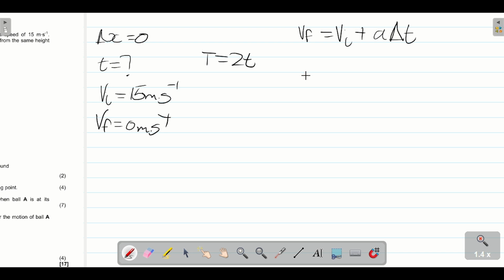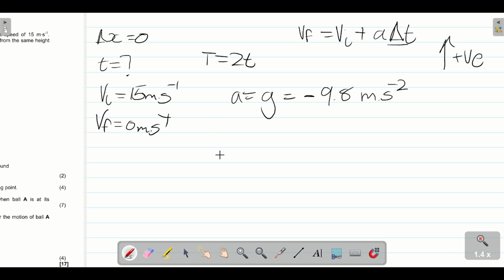We have final, we have initial, and we know acceleration is equal to gravitational acceleration. Assuming up as positive, that means our gravitational acceleration will be negative 9.8 meters per second squared. And therefore we're just left with delta t to get.